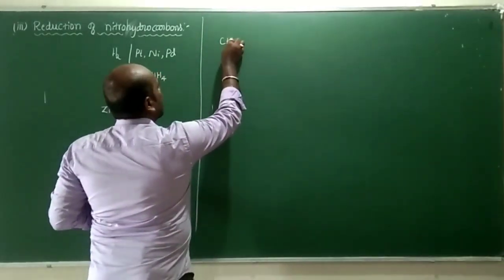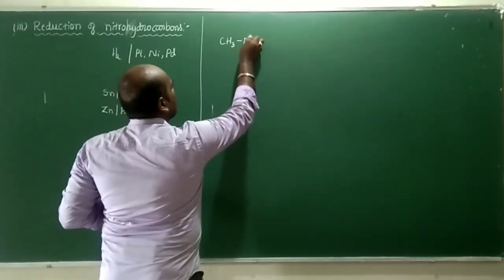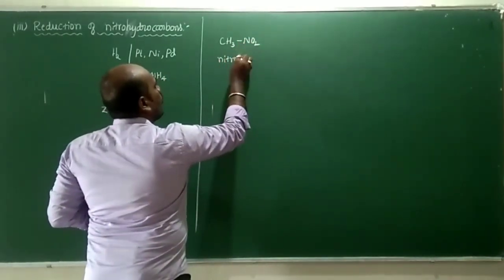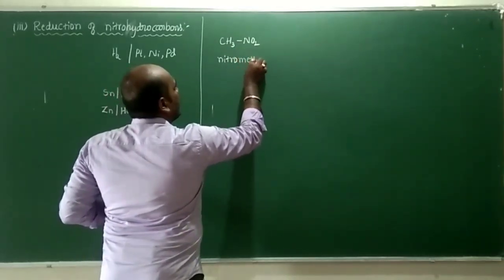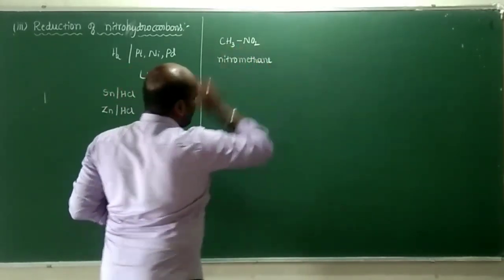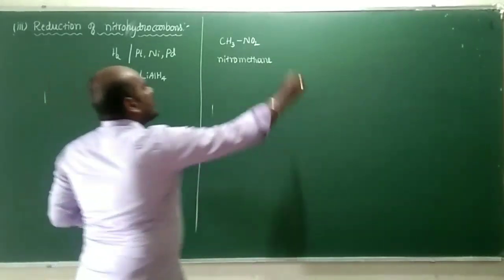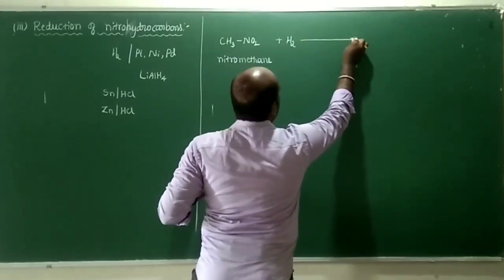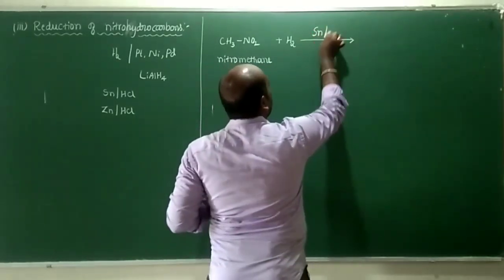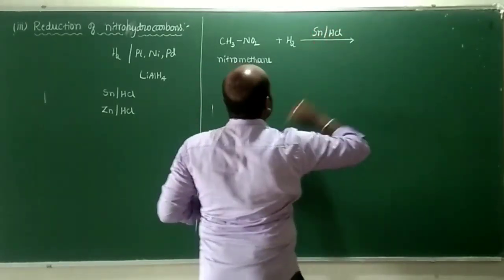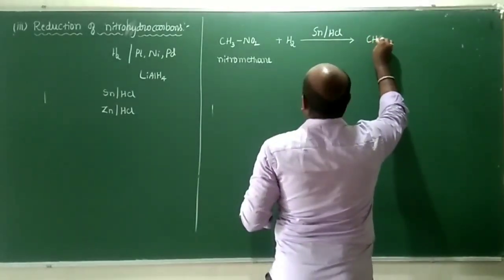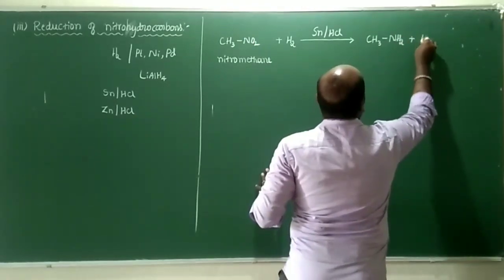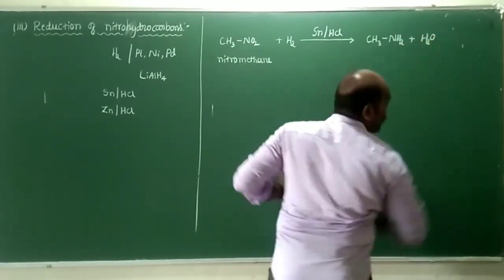So here I will be considering CH3NO2, that is nitro, one carbon atom is there, so it will be methane. So it is nitromethane. So nitromethane, when subjected to the process of reduction in presence of tin and hydrochloric acid, it results in the formation of CH3NH2 with the expulsion of H2O.